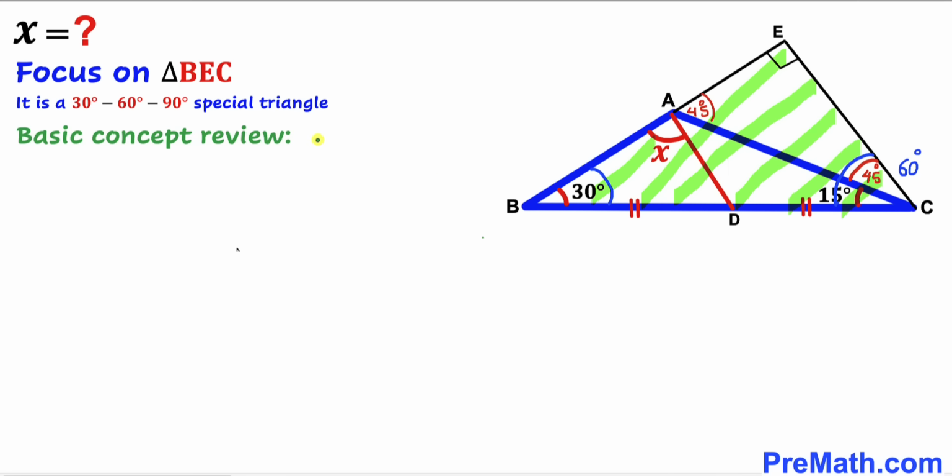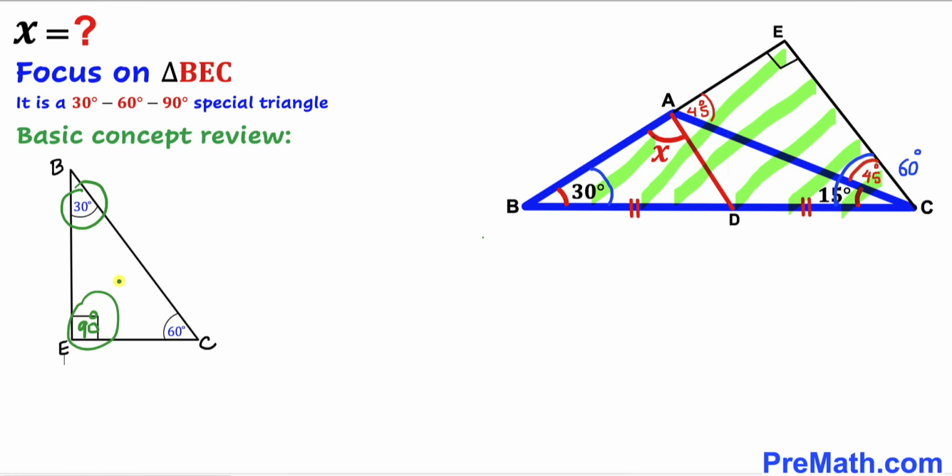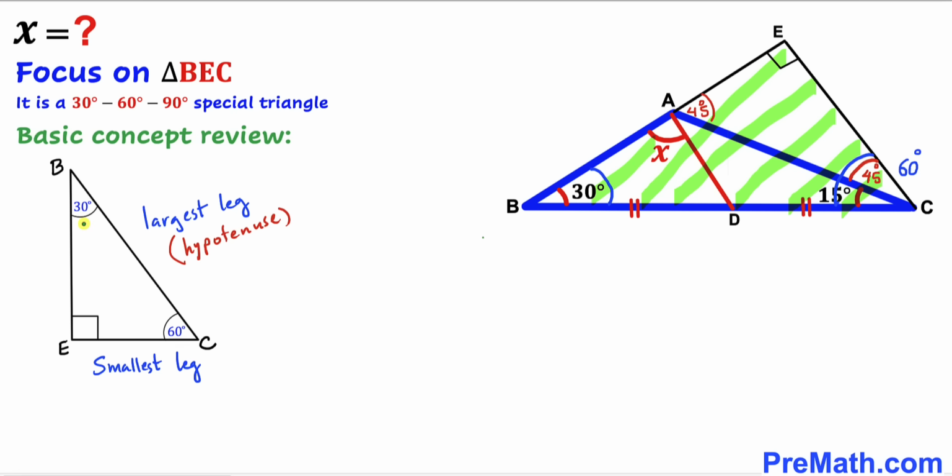Now I am going to go over the basic review. Let's focus on this right triangle BEC, which is our special 30, 60, 90 triangle. Here 30 degrees is our smallest angle and 90 degrees is our largest angle. So the side opposite the smallest angle is going to be our smallest leg, and the side opposite our largest angle is going to be the hypotenuse.